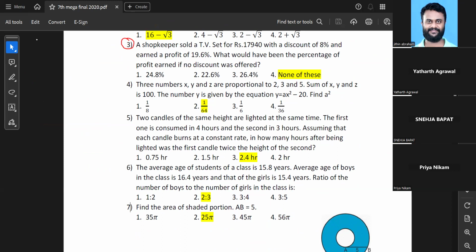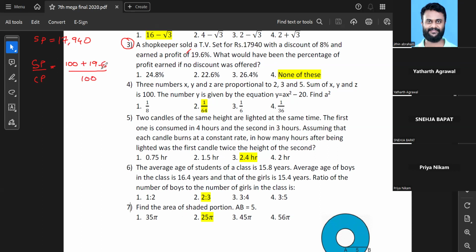Because in this case, SP, selling price, is given as 17,940. The cost price, how do we find cost price? Because they have given the profit percentage. So I'll simply give you a technique. Selling price upon cost price will be equal to, see, selling price comprises of the cost price, which is nothing but the 100% amount plus additional 19.6 of the whole percentage.